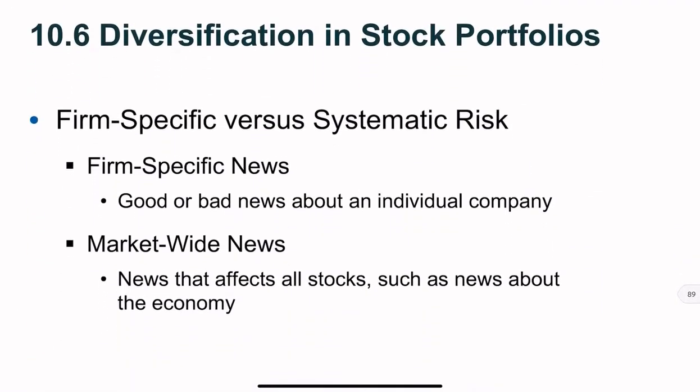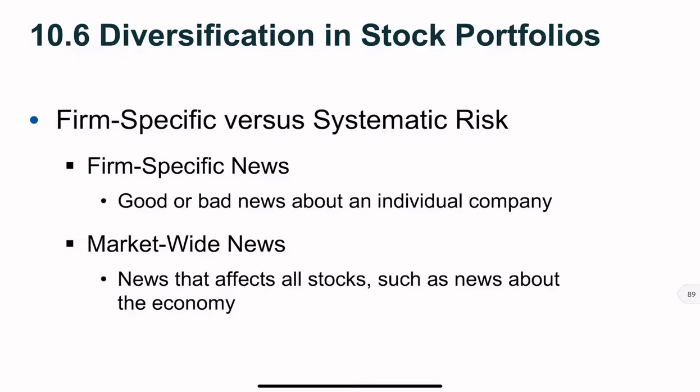Okay, let's talk about diversification in stock portfolios. So first, let's talk about firm-specific versus systematic risks. If you think about how stock prices change, you can imagine that stock prices are driven by different kinds of news, different kinds of updates.